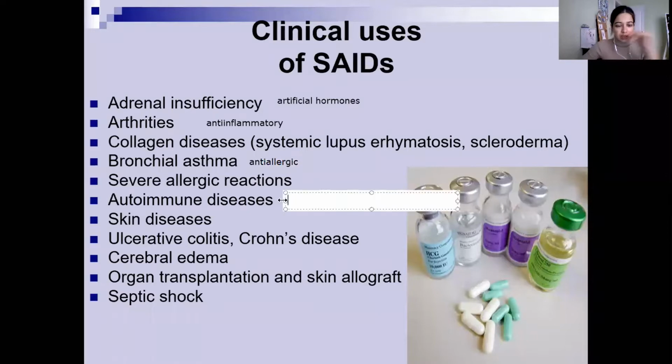Here it will be immunodepressant action. Skin diseases, again for anti-allergic, ulcerative colitis and Crohn's disease for anti-inflammatory, cerebral edema for anti-inflammatory, organ transplantation and skin, this is immunodepressant action, and septic shock for anti-shock action.